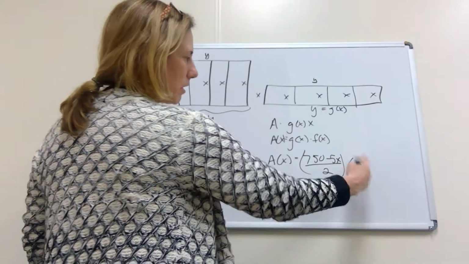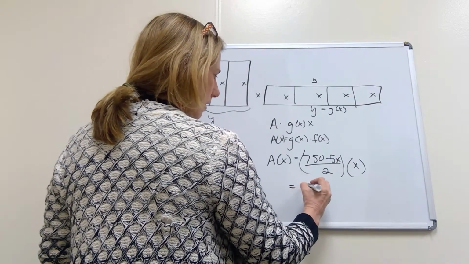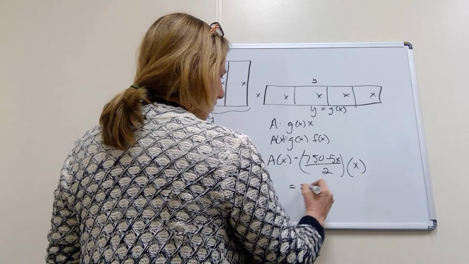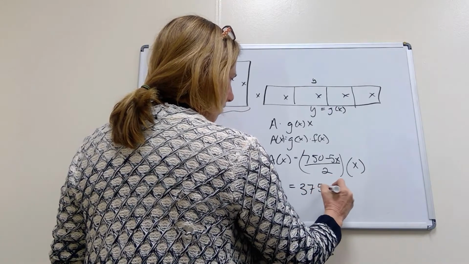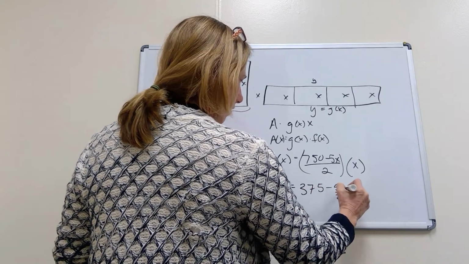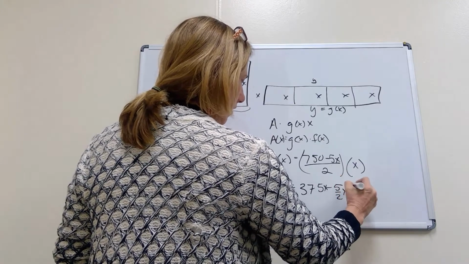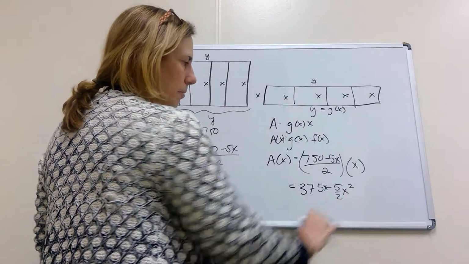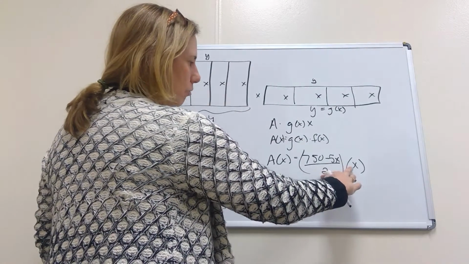And we know we can multiply it out. You're going to get what's half of 750? That'd be 375. So 375x minus 5 halves x squared. Notice if it's a negative x squared term, it's an upside down parabola.